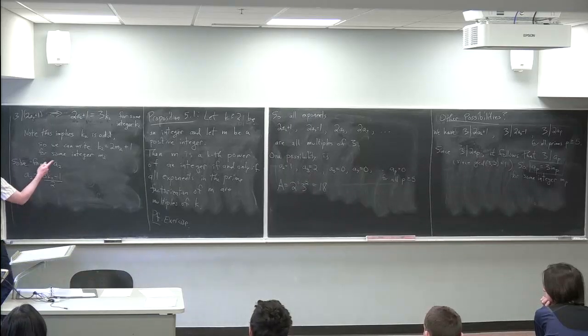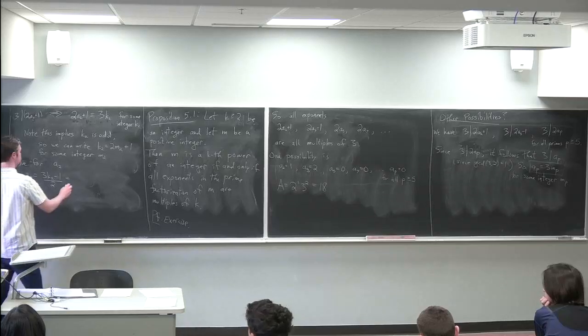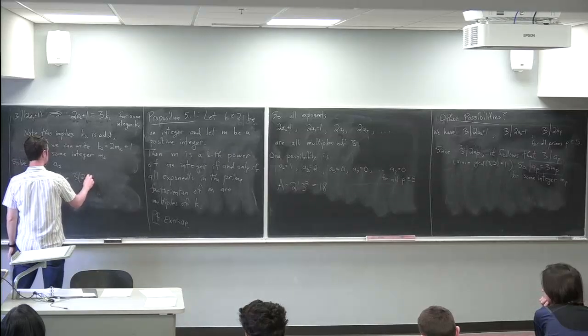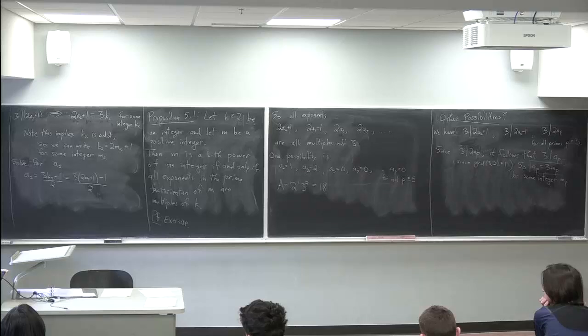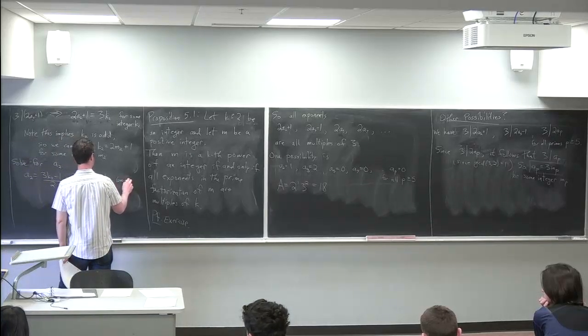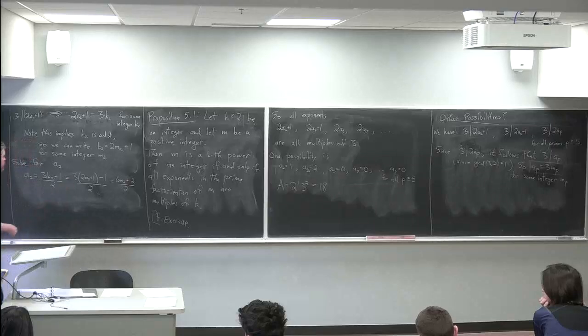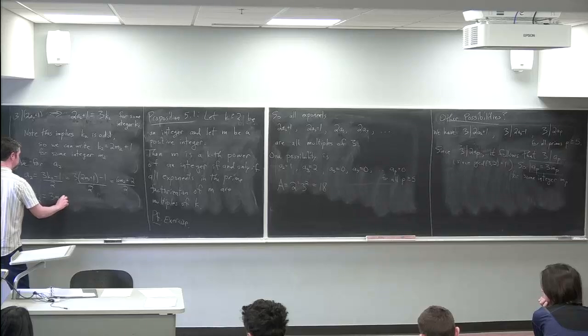But since we know k2 is odd, if we insert this into here, it'll get cleaned up a bit. k2 is 2 times something plus 1. If you clean this up, we have 6m2 plus 3 minus 1 in the numerator, over 2. So now you can divide by 2, and it says we have 3m2 plus 1.